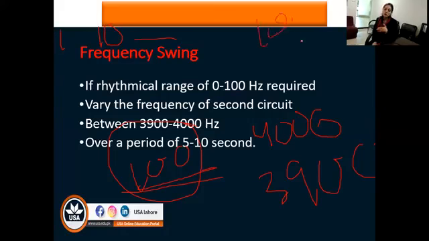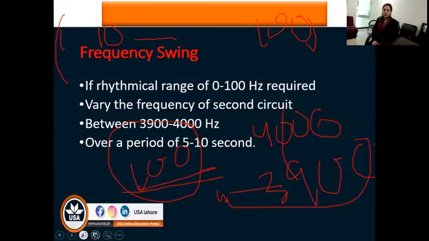So if I want my frequency to remain continuously swinging around this area, what I need to do is keep my other electrode over 4000 to 3900 hertz. When at 4000 there was a zero difference, at 4001 there will be 99 hertz, and so it continues to vary by 1 hertz or 2 hertz.